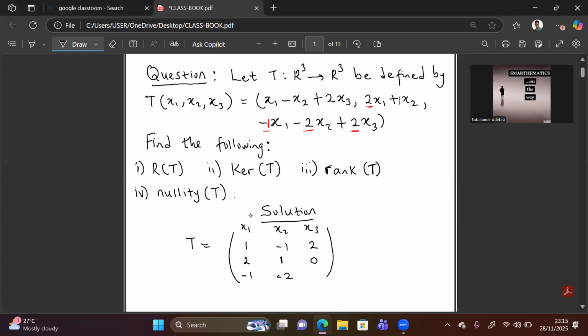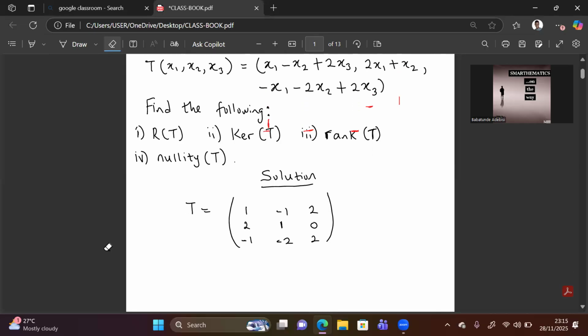And here is your matrix formed from the definition given. All right. So now that we have formed the matrix from the definition given, what we'll do next is to write it in the echelon form.